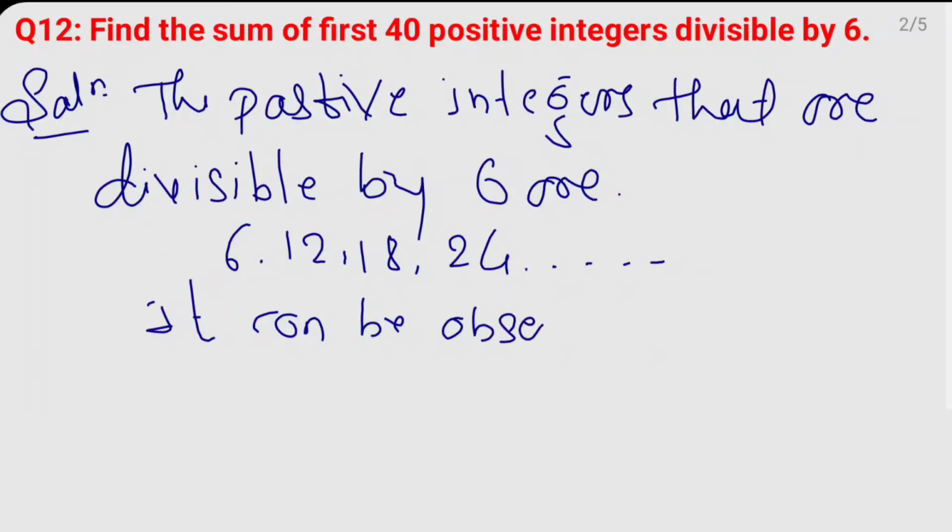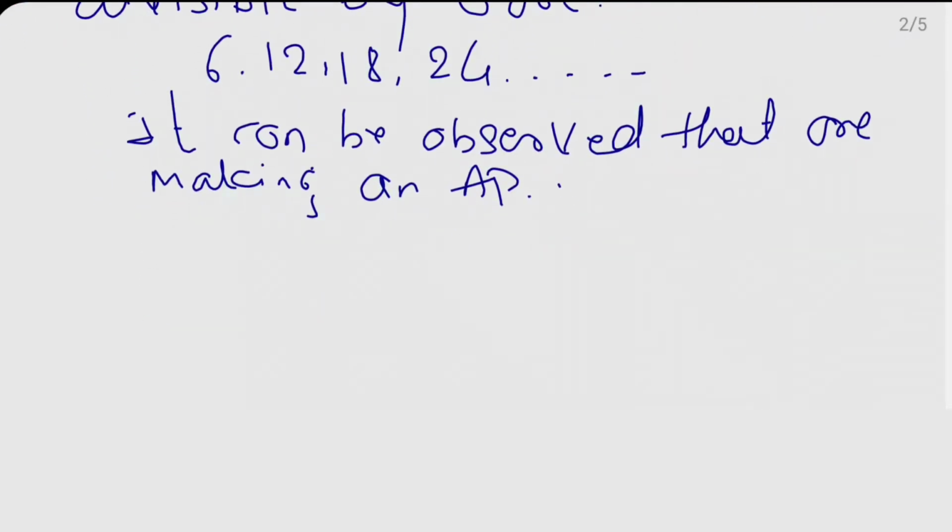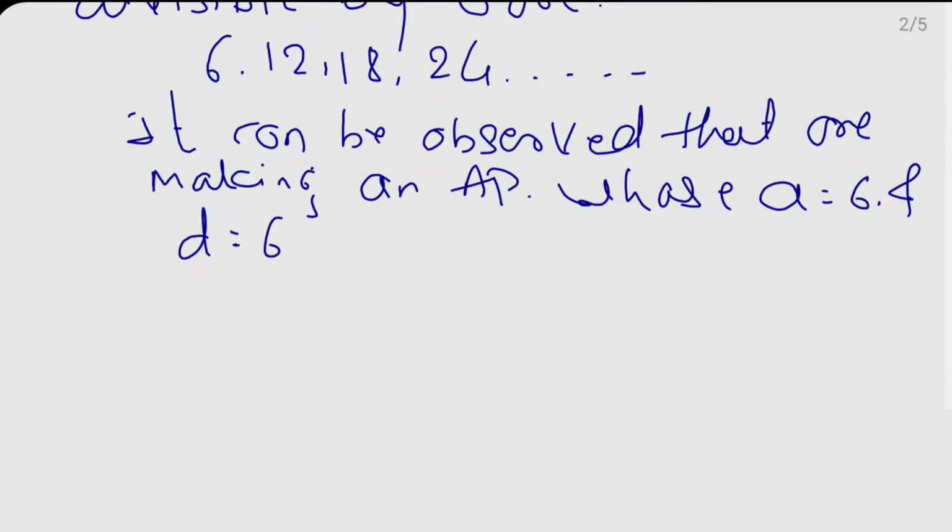So write down, it can be observed that these are making an AP whose first term A is 6 and common difference D is also 6 here, right?